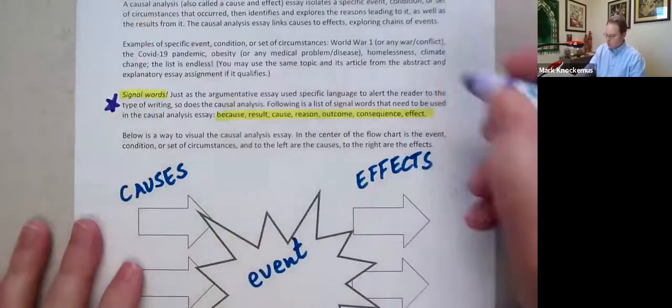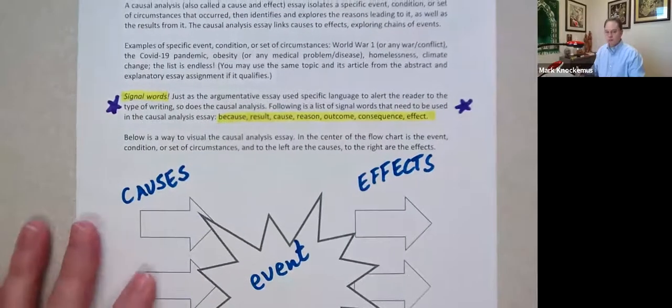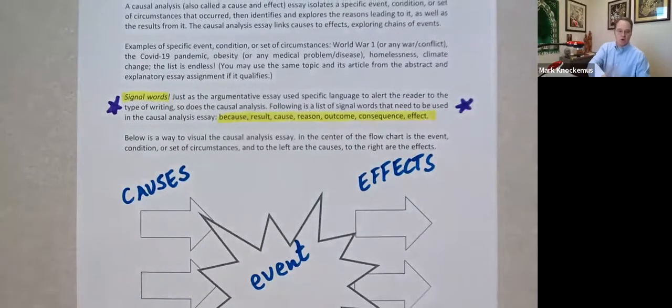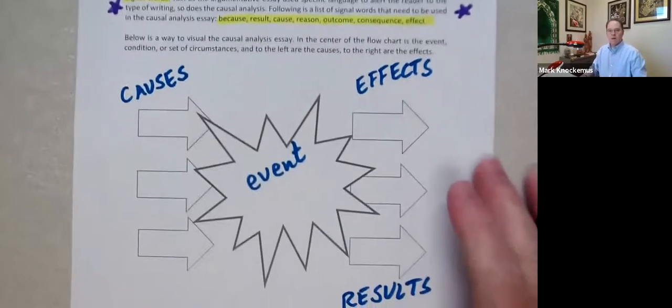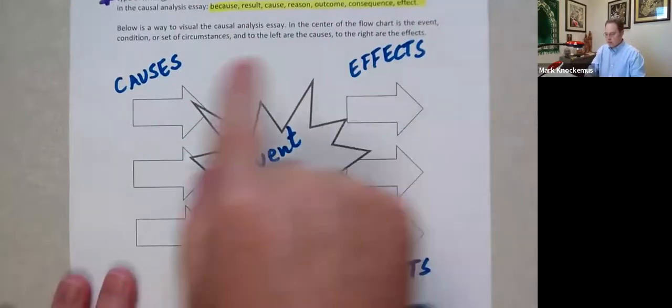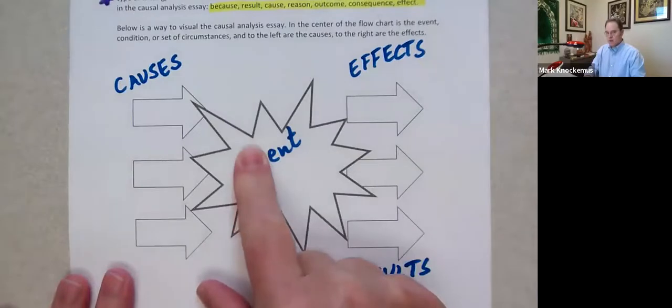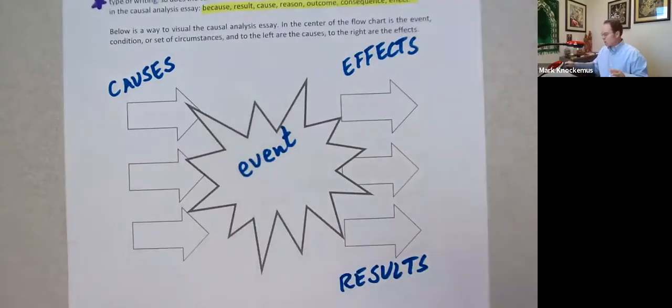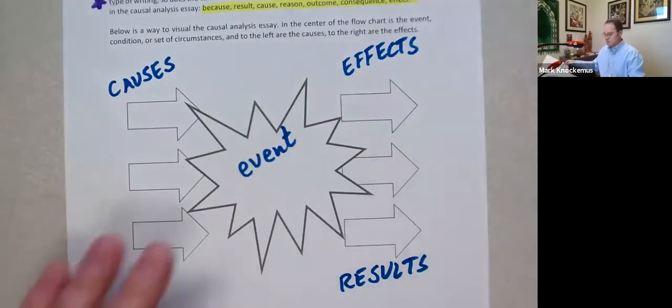You want to be sure you're using those words. So I'll go in there and star those as a reminder. Okay, so this is, right, a way to visualize what's going on with the causal analysis.